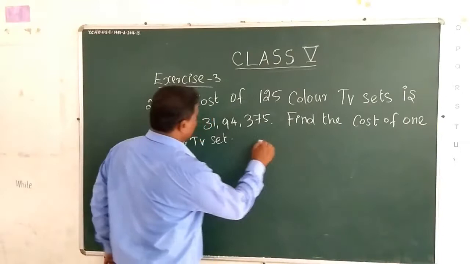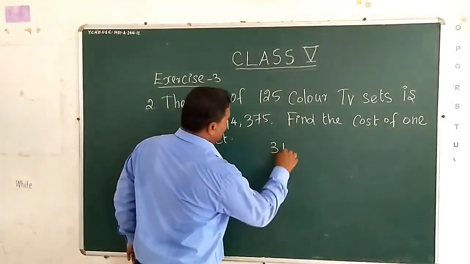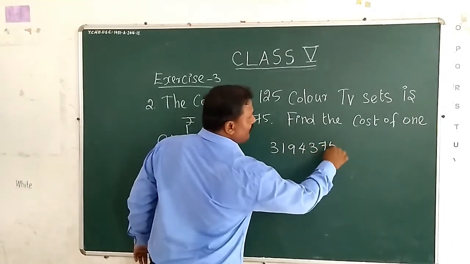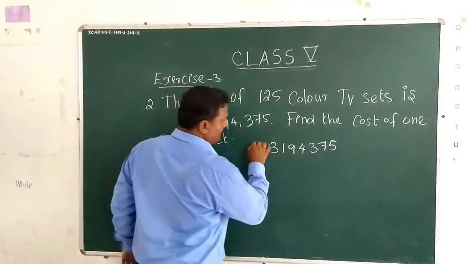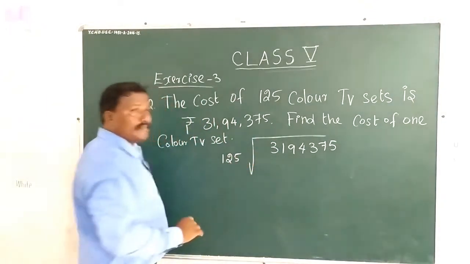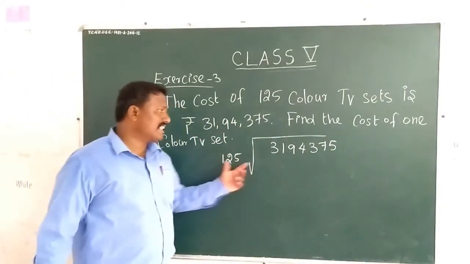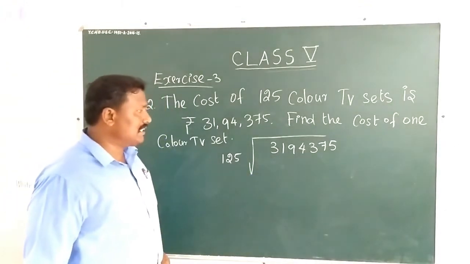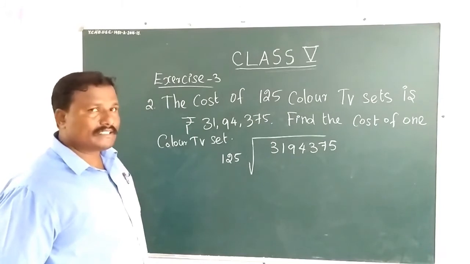So the dividend 31 lakhs 94,375 is the dividend. Then 125 is the divisor, means quantity. This is the price, means cost. So I am going to find the quotient.